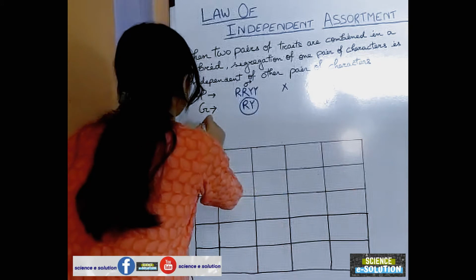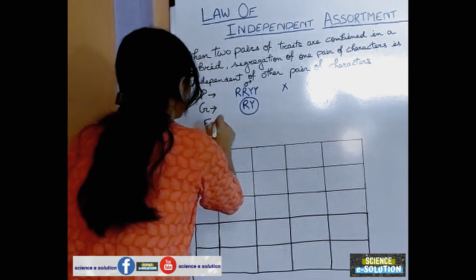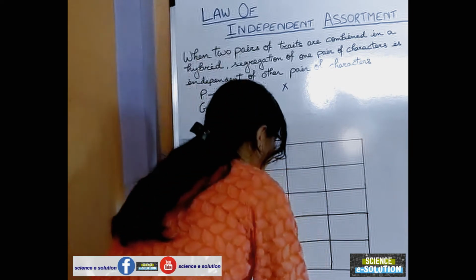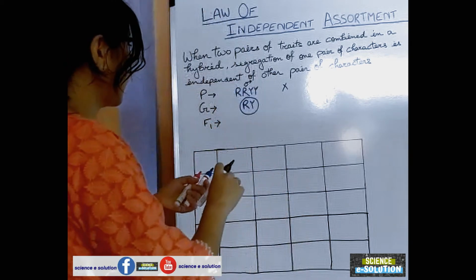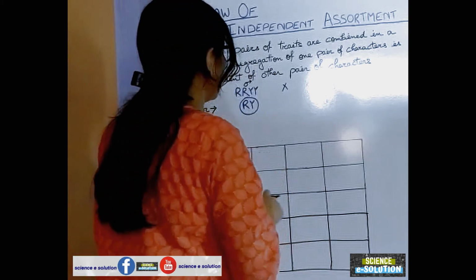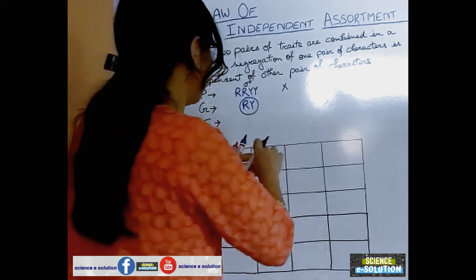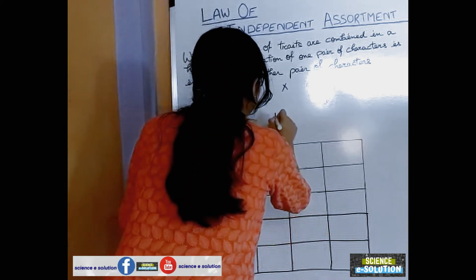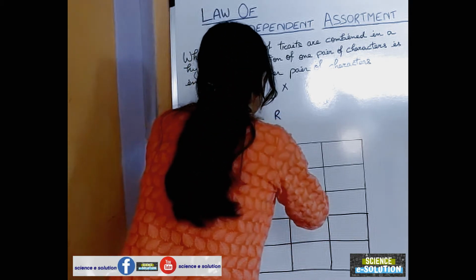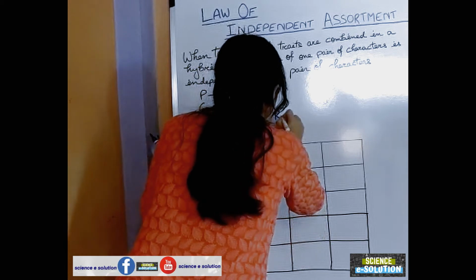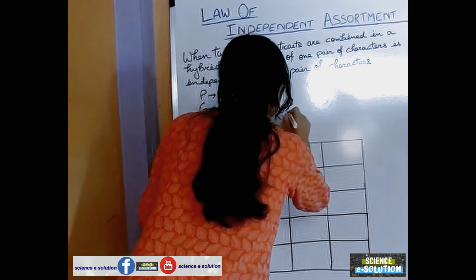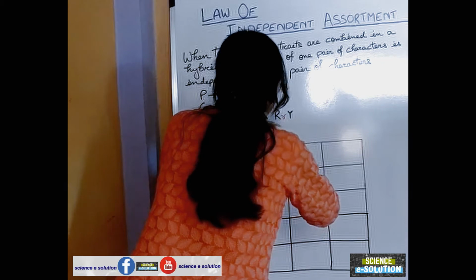Now what will be the F1 generation? Crossing capital R, capital Y with small r, small y, the F1 generation will be hybrid, that is capital R, small r, capital Y, small y.